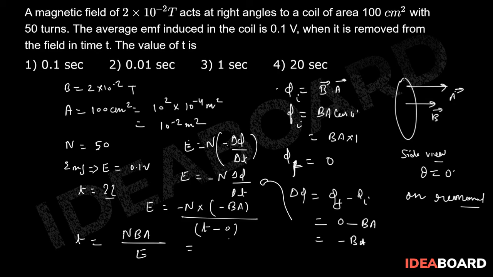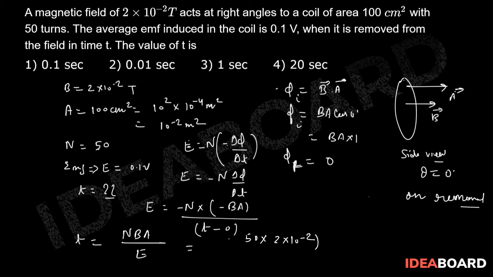So before putting the value, let me remove it to create some space. So here n is equal to 50, into B which is 2 × 10^-2, into area of cross section 10^-2, right, divided by the value of E, which is 0.1.